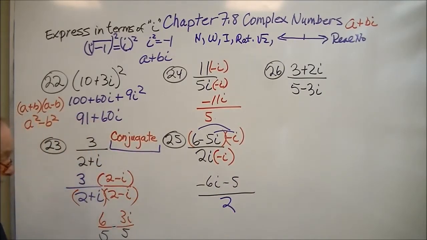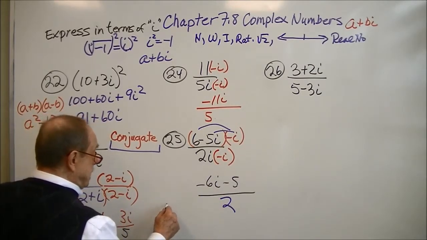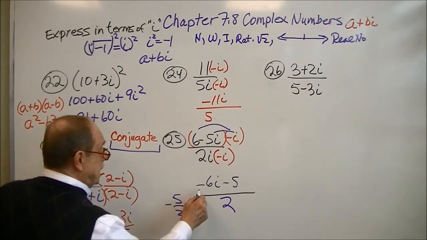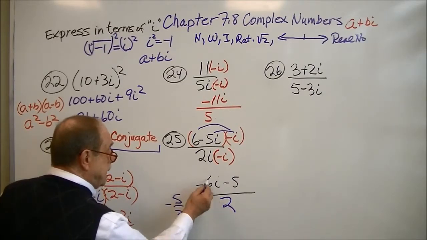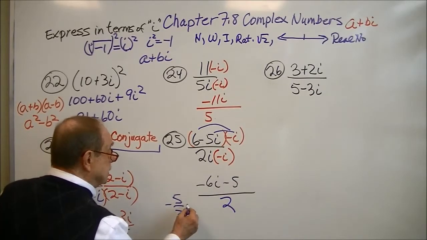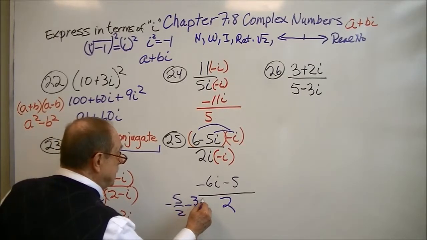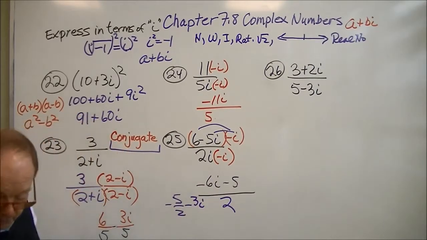Now, is that in standard form? No. So we have to put it as negative 5 over 2. And notice here we can actually do some canceling out. So this is going to be a negative 3i. Or if you want to keep it that way, let's see, how does the book do that?